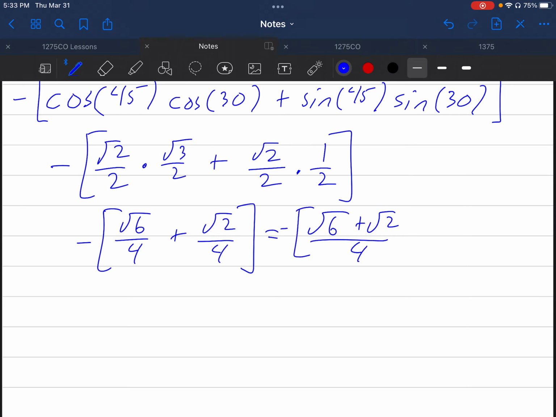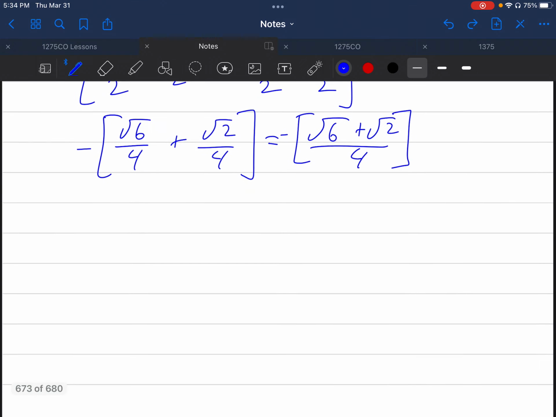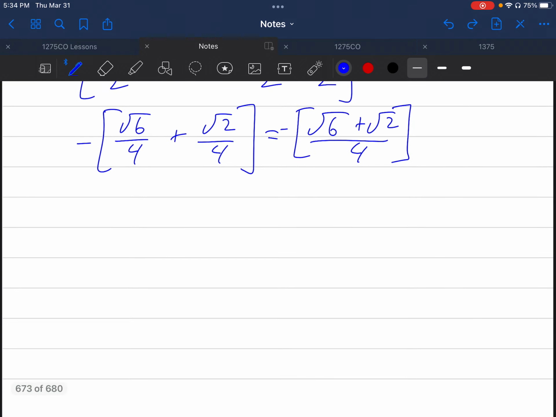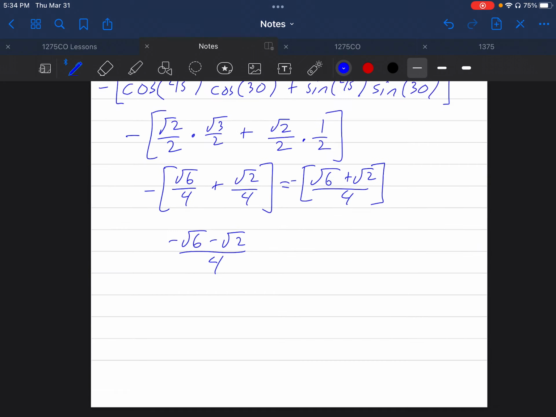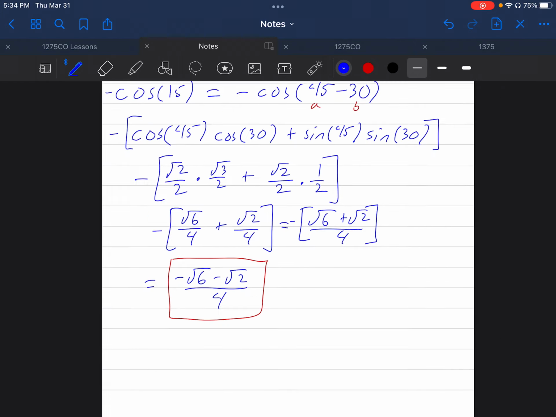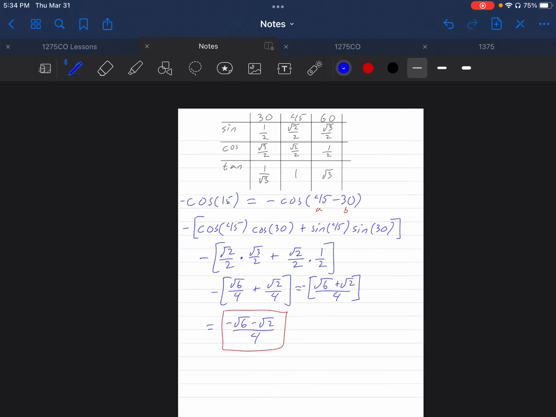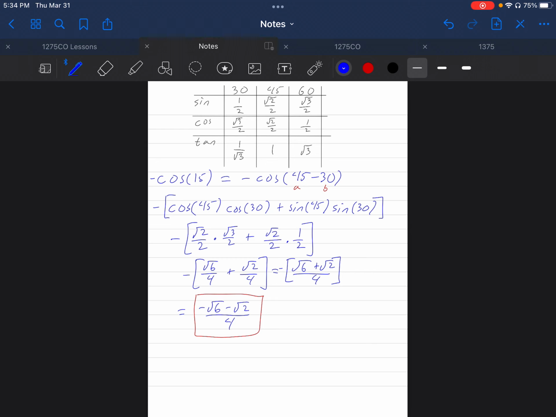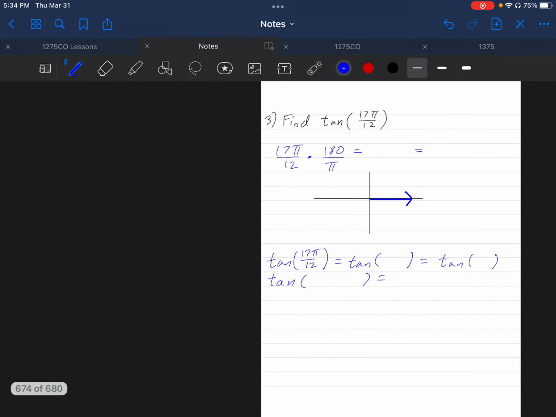Because the denominators are the same, we can add them together. And then we can distribute this minus sign, so negative radical 6 minus radical 2 divided by 4 is our answer. Excuse me. And that is an example of using the difference formula for the cosine function.